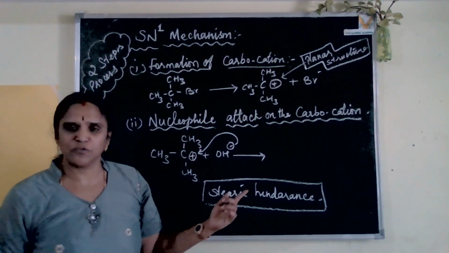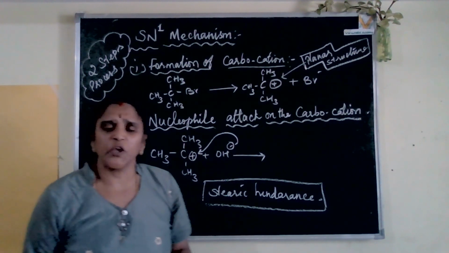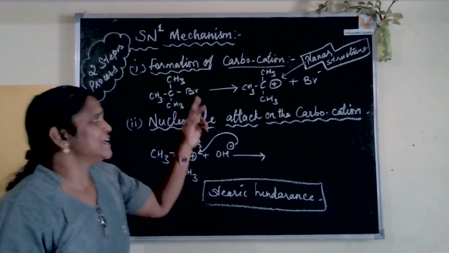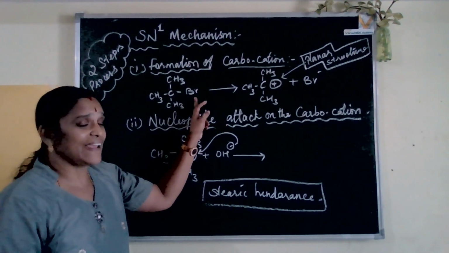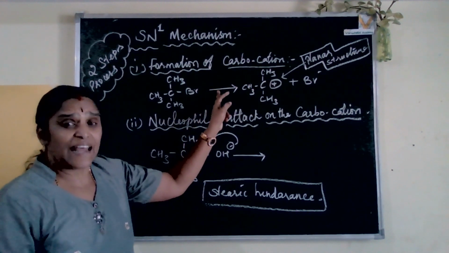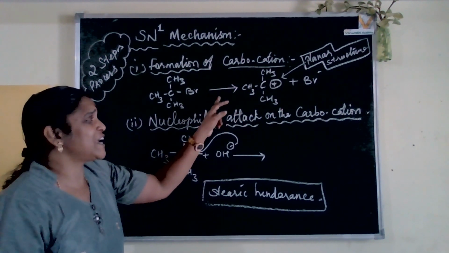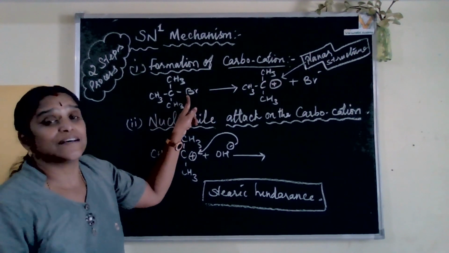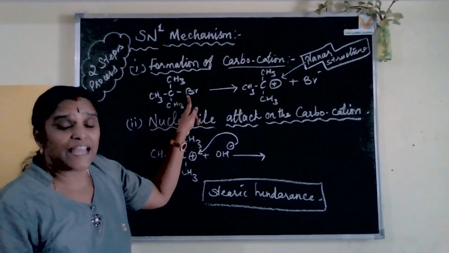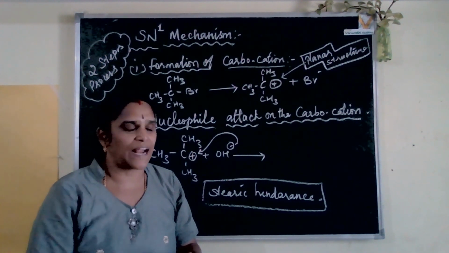Before going to the two steps process, I would like to mention steric hindrance. What do you mean by steric hindrance? The bulky groups attached to the carbon containing the halogen are attacked by the nucleophile. The nucleophile cannot attack from behind, the opposite side where the halogen atom is attached.